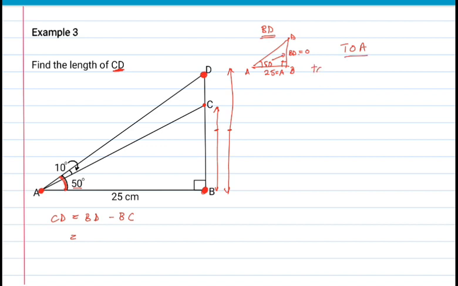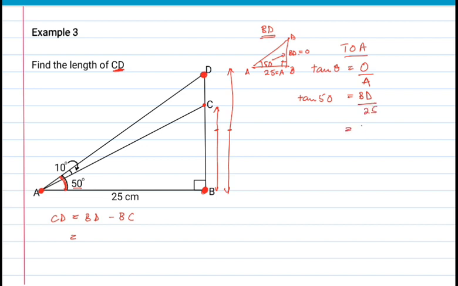Then we find tan theta is equal to opposite over adjacent, which is equal to, so we have tan of the angle, 50, and here the opposite is BD, all over the adjacent, which is 25.